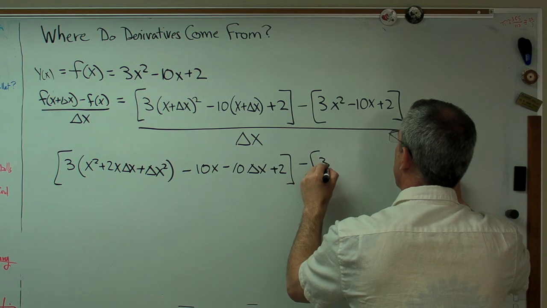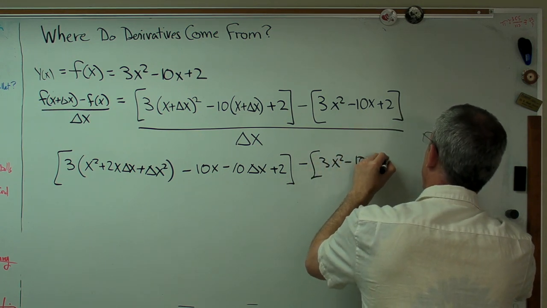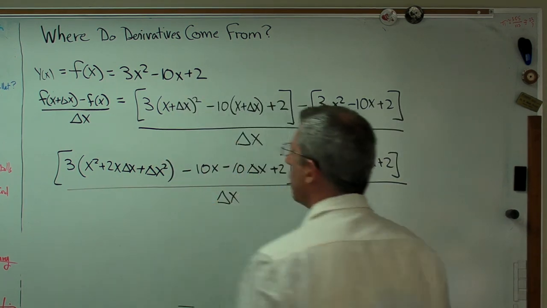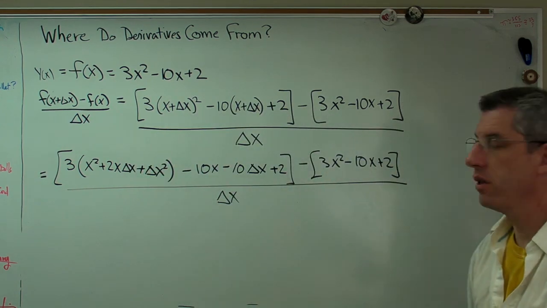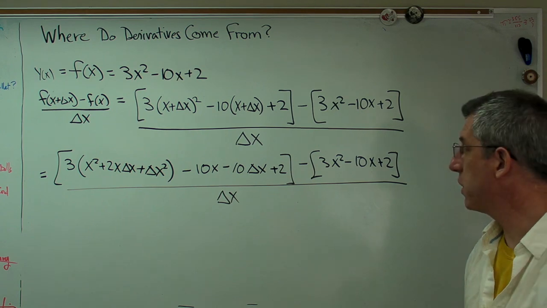Minus 3x squared minus 10x plus 2. Okay, so there's my next try at this. I'm going to go through one more step to simplify this.